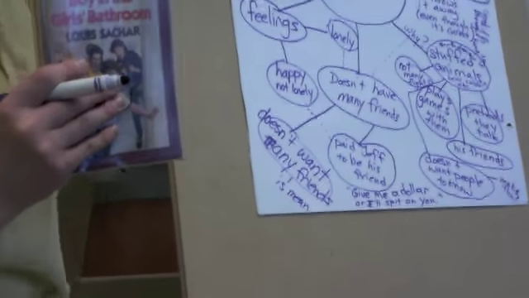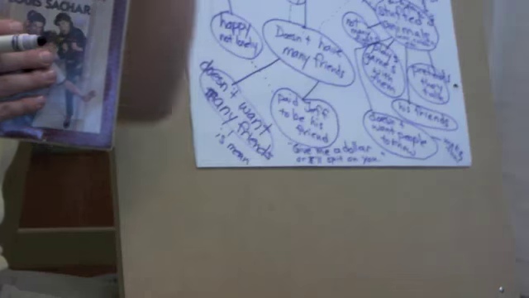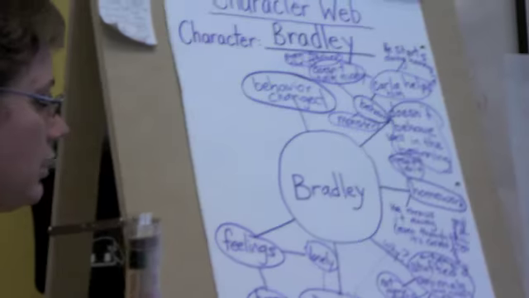He's mean. Okay, and notice when I'm doing this character web, this is certainly not my neatest writing. This is my thinking. I'm trying to get all my thinking out about this character here, because getting my thinking out about this character helps me understand the characters better.